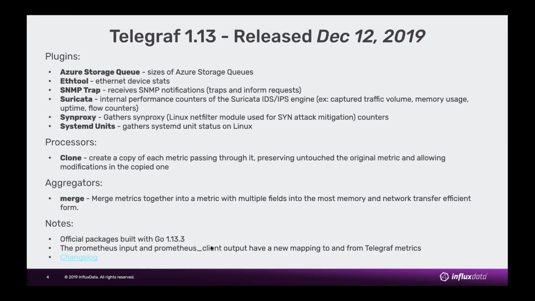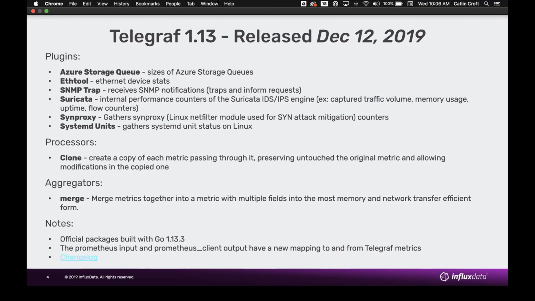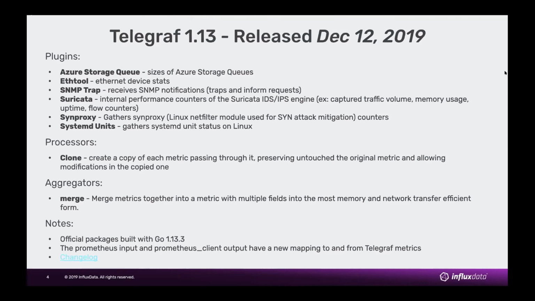And two actually pretty useful plugins: a processor and an aggregator, to help you modify your data through Telegraph before it enters into the database. One of them is a cloning processor, which essentially copies every metric that's passing through, and you're able to maintain the original metric.